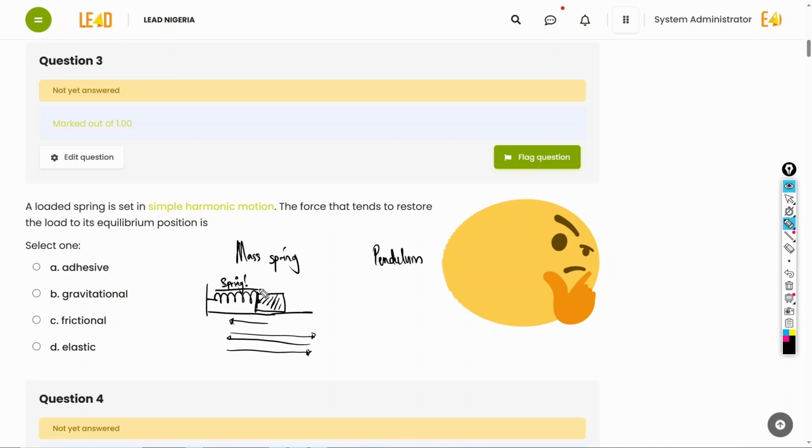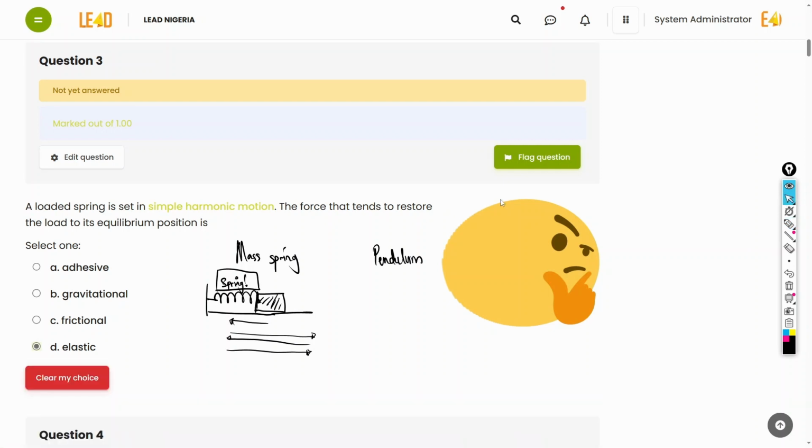It's the force on the spring that does that job in the mass spring system. This question is actually for a mass spring system. So it is the elastic force, given by F is equal to kx, that does that job of pulling it back and forth.